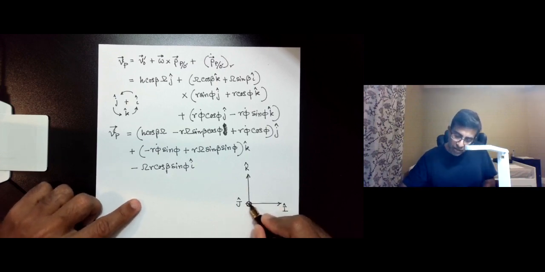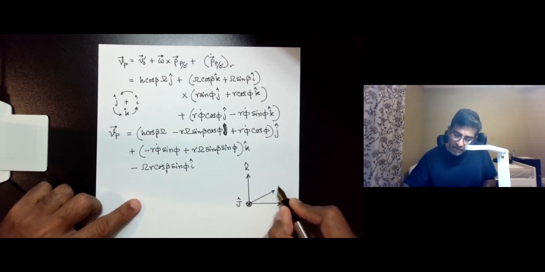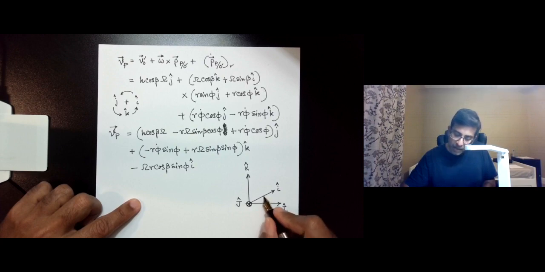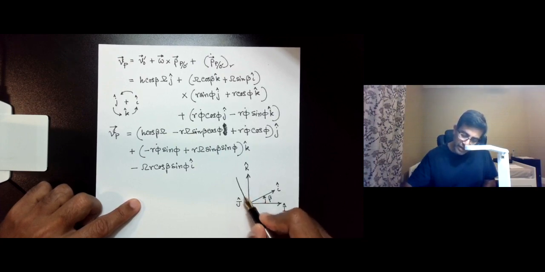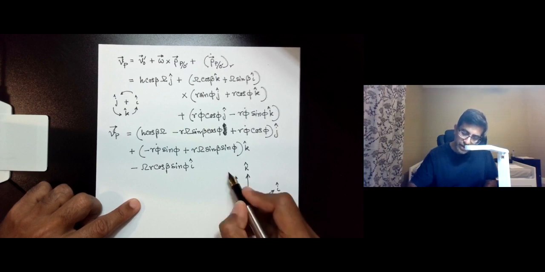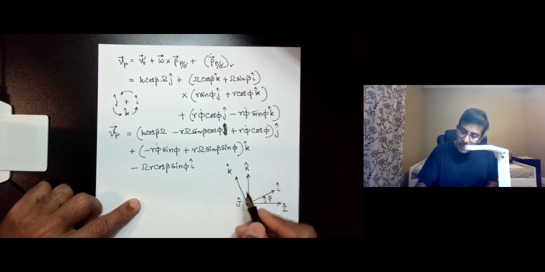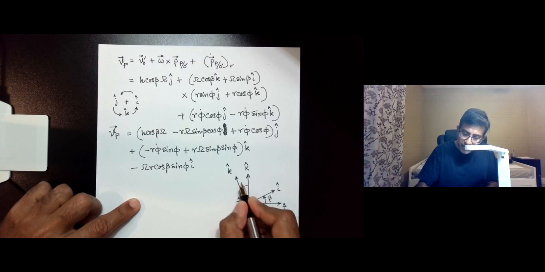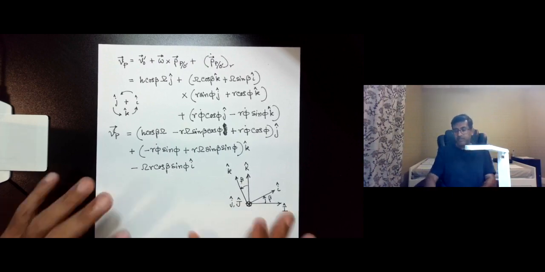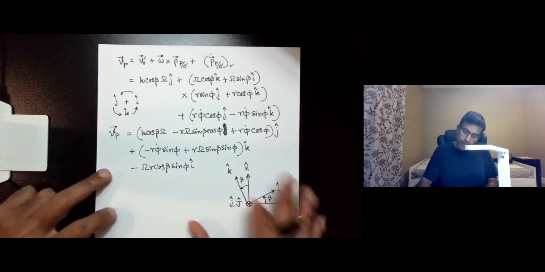Now we have a subtle difference. We now have i like this, making an angle beta. We have k like this, making that same angle beta. And we have j in the same direction as capital J. So this is the only difference.